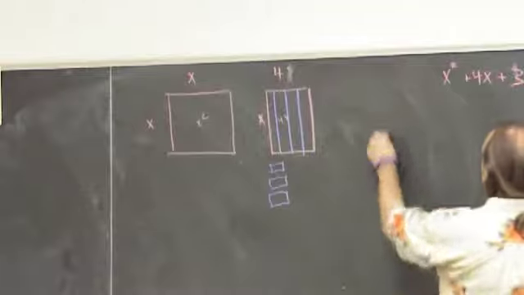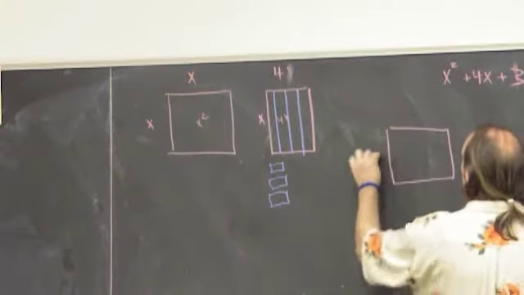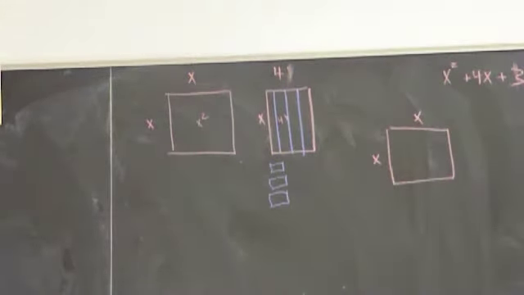Okay, so let's do some drawing here. We've got our x by x. We're going to take 2 of our tall, skinny ones.